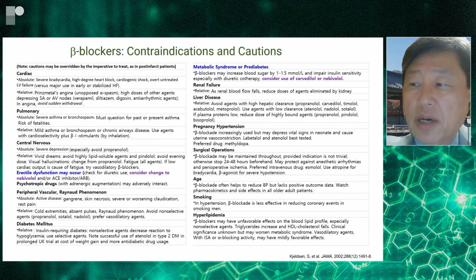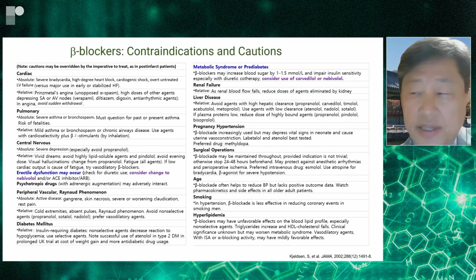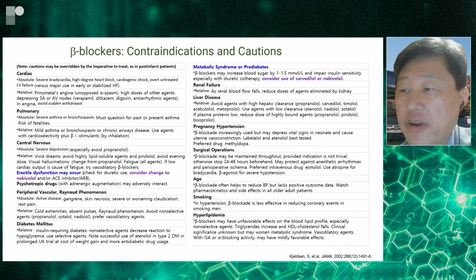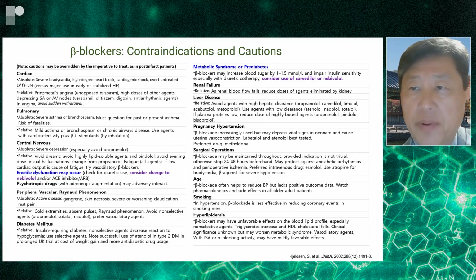Here are the contraindications and cautions of a beta blocker, from cardiopulmonary, CNS, and diabetes to dyslipidemia. As mentioned earlier, if erectile dysfunction may occur, check for diuretic use and consider changing to nebivolol or an ACE inhibitor or ARB. In the case of metabolic syndrome or prediabetes, a beta blocker may increase blood sugar and impair insulin sensitivity, especially with diuretic therapy. So we should consider using carvedilol or nebivolol.